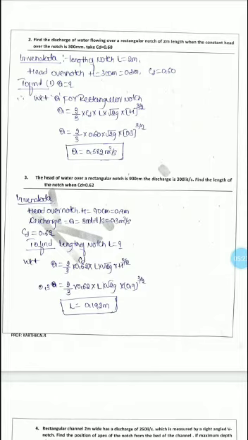Therefore it becomes 0.3. So 0.3 is equal to 2/3 into 0.62 into L, which we need to find, into root 2g into 0.9 raised to 3/2. At the end we get L as 0.192 meter. That is, the length of the notch is 0.192 meter.